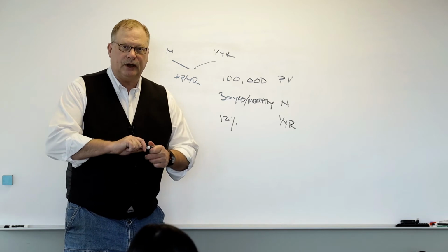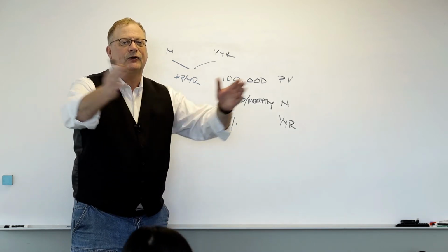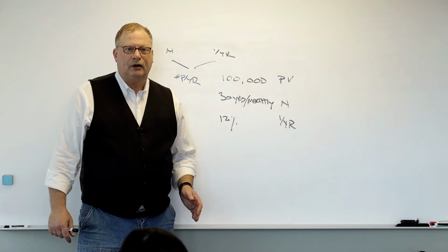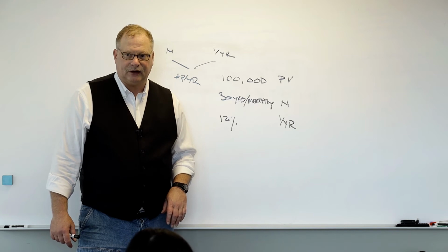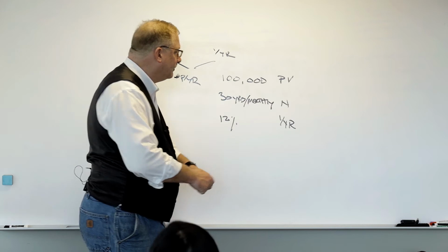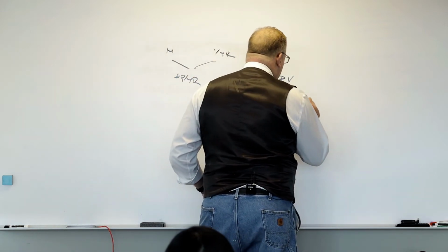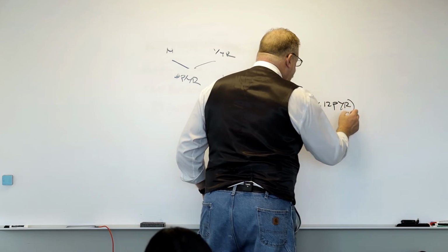If you borrow this money and make each and every one of the payments over the entire 30-year loan term, how many total payments will you have made? 360, exactly. And the way that we would express that in financial analysis and time value of money is 30 times 12 payments per year.